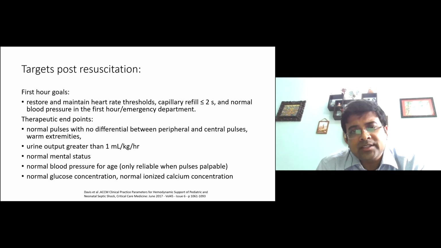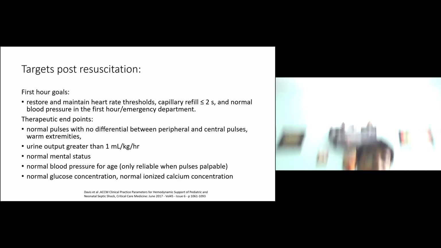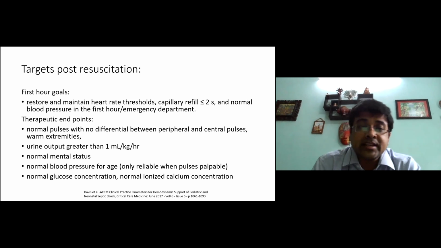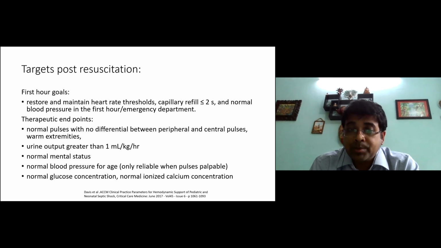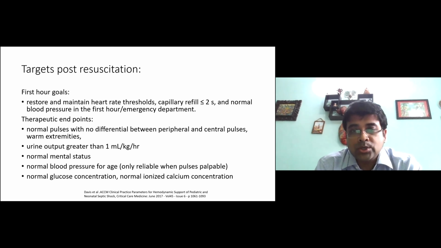The other therapeutic endpoints are a urine output more than 1 ml per kg per hour, and a normal mental status, but mental status will depend on whether baseline electrolytes are abnormal, or if the patient has a concomitant meningoencephalitis. And you must always make sure that the glucose concentration and the ionized calcium concentration come to normal.